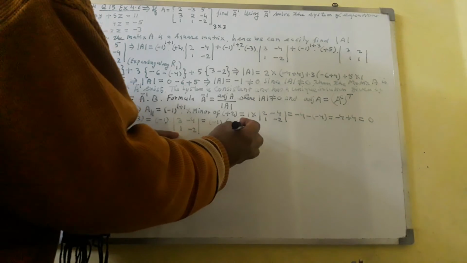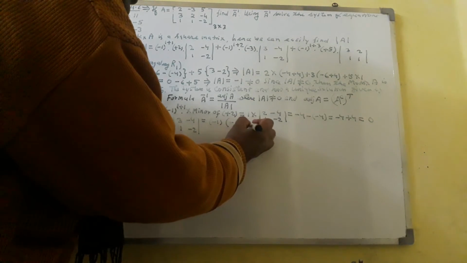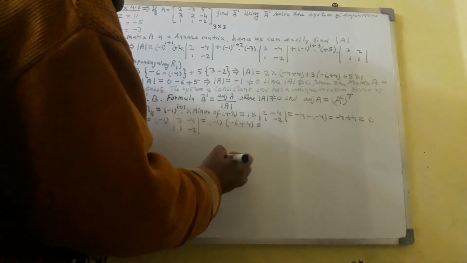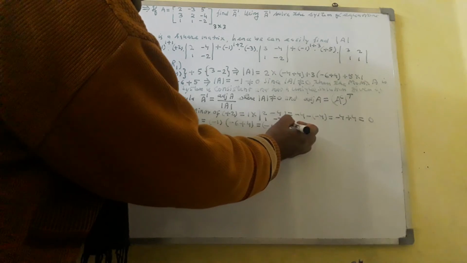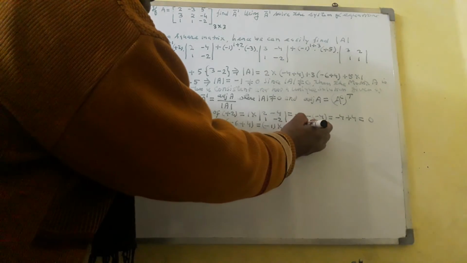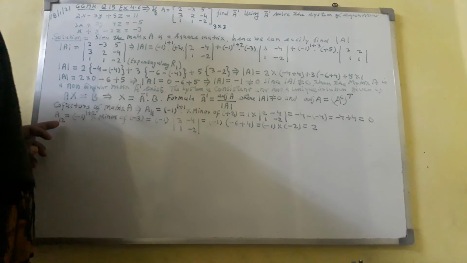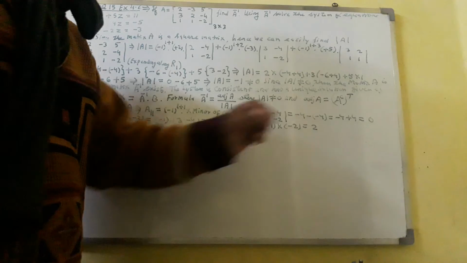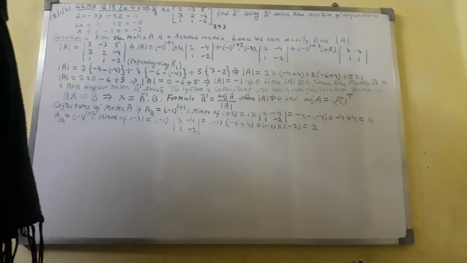Plus, we will write here plus, we will get here minus 1 will multiply by minus 2 comes out to 2. So A₁₂ we have got here 2. I think this is correct.